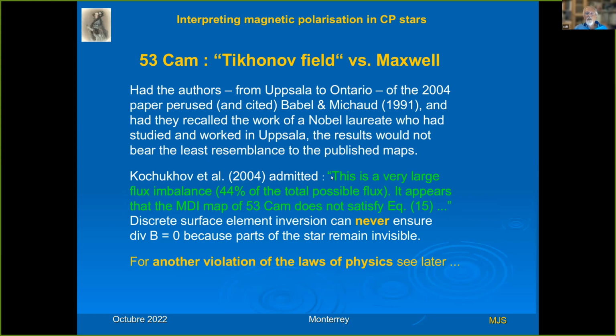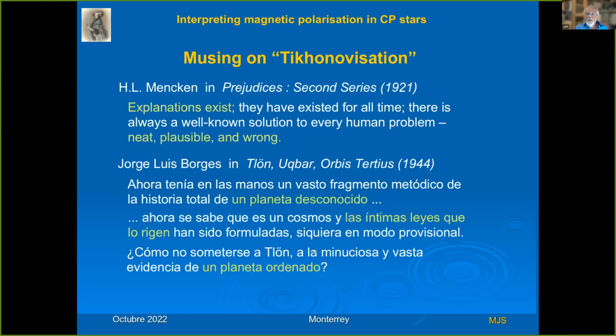And they admitted it themselves: there's a very large flux imbalance, and this map does not satisfy equation 15, which means divergence B for this map is largely non-zero. And one thing that's obvious, that this discrete surface element inversion can never ensure divergence B equals 0, because parts of the star remain invisible. So for another violation of the laws of physics, we can look later.